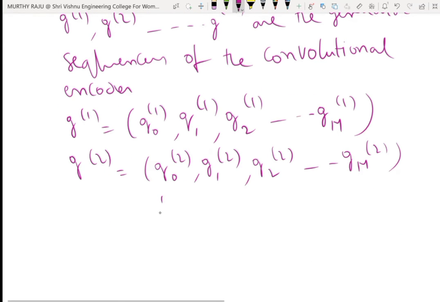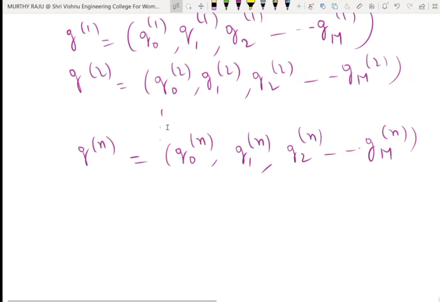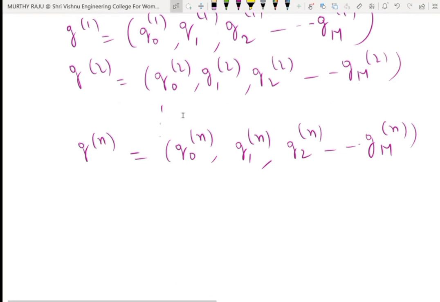And so on, GFn is equal to G0 of n, G1 of n, G2 of n, and so on and so forth, Gm of n. These are the individual generator sequences. These are either zeros or ones.